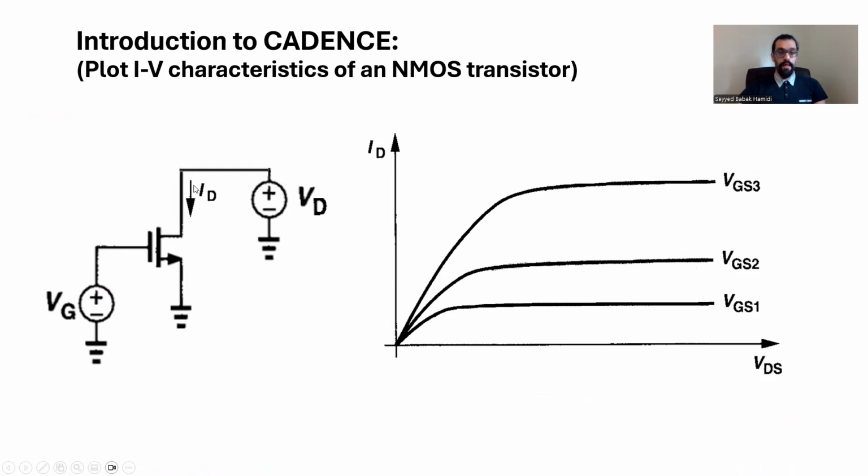And we will plot the ID current of the transistor versus VDS. We will first plot one curve with one VGS, and then see what happens if we increase the VGS.